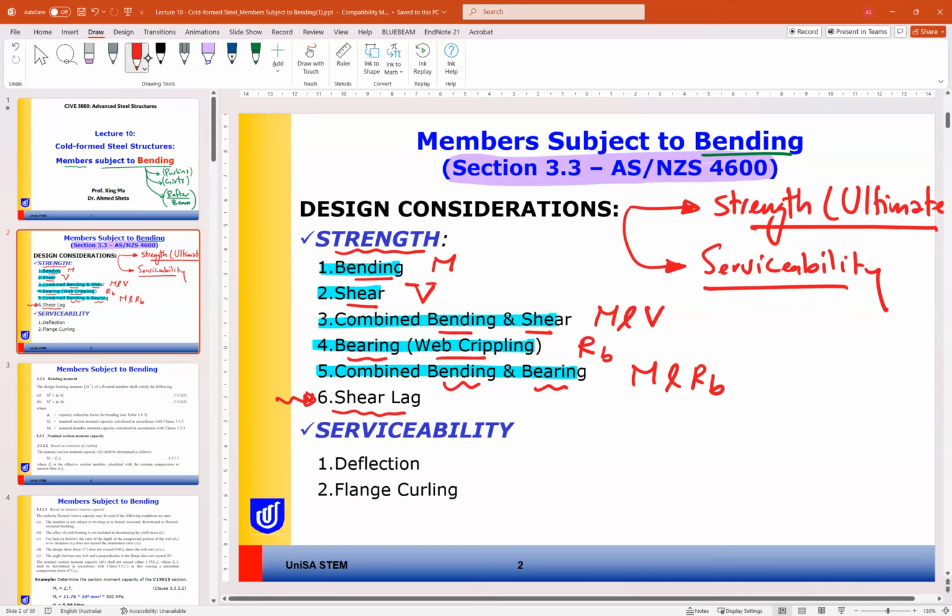We also have some serviceability considerations, which include the deflection and flange curling. These are some serviceability checks we need to do for the cold formed steel sections.